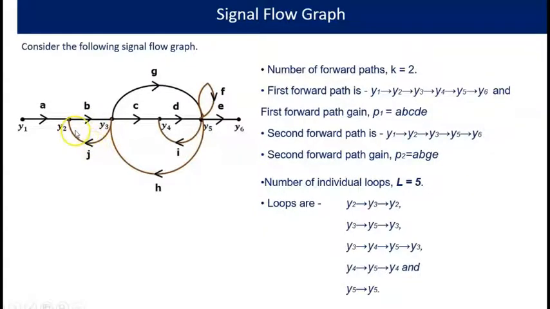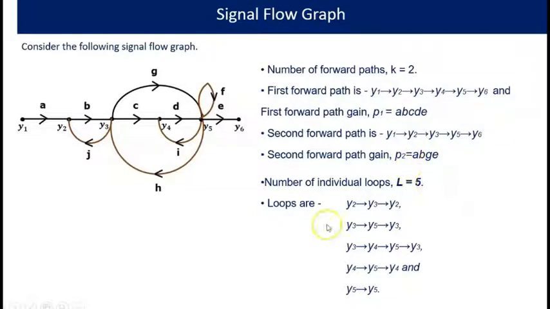The loops are Y2, Y3, Y2; Y3, Y5, Y3; Y3, Y4, Y5, Y3; Y4, Y5, Y4; and Y5. So 5 loops. And what about the loop gain in each case? These are the first and second forward path gains, P1 and P2.